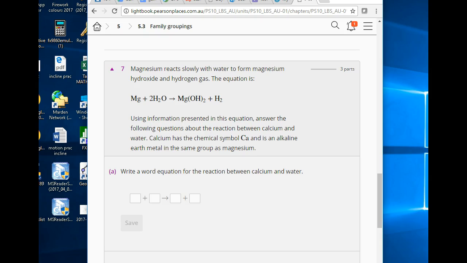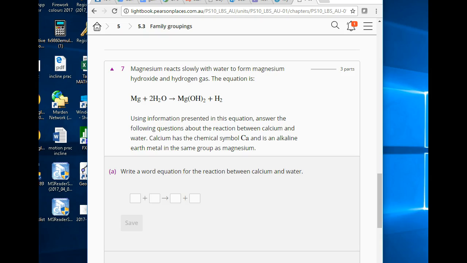So what they really want you to realise is calcium and magnesium are in the same group. I'm just going to tell you that they're both in group 2. They both form 2+ ions. They actually tell you it's an alkaline earth metal, which is the same group as magnesium.